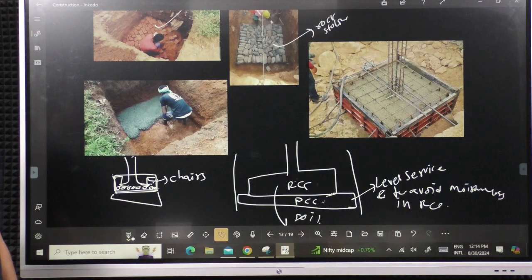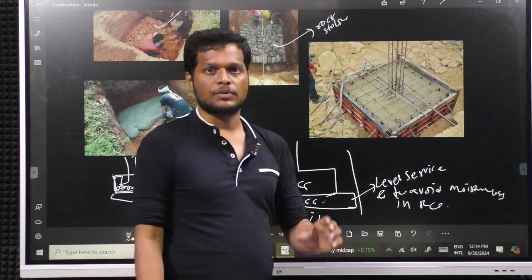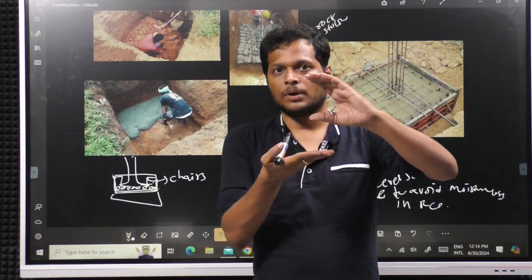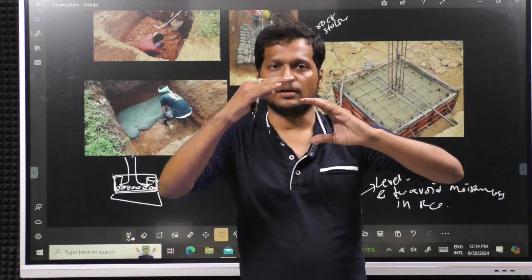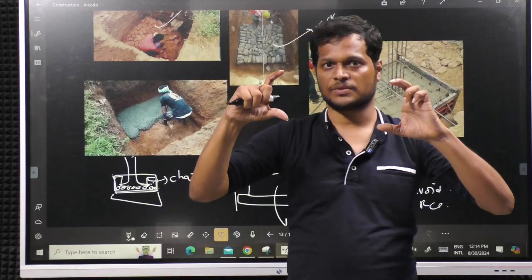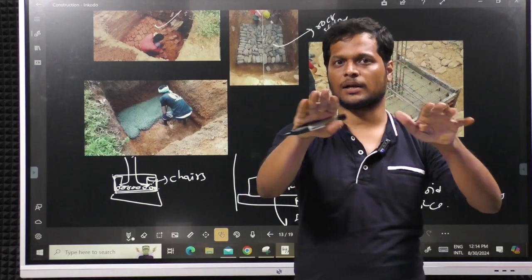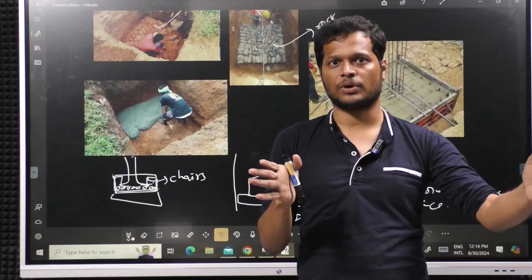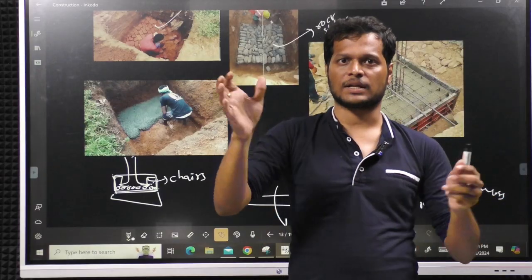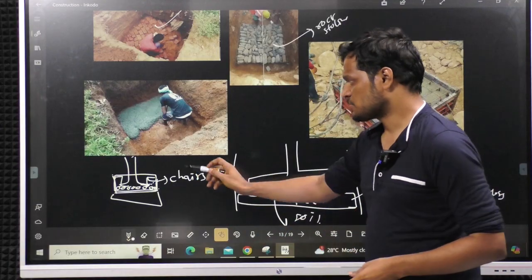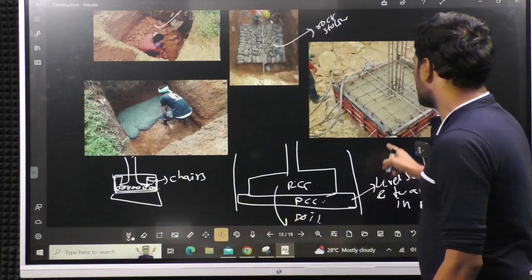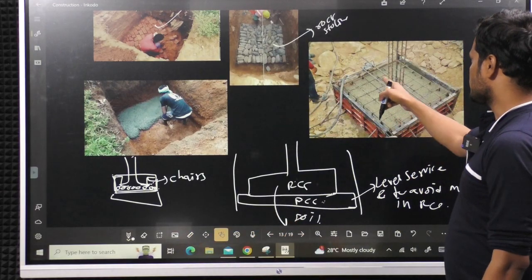These chair steels are placed to maintain the depth between the lower mat and the upper mesh. Some chairs will be placed, around 4 or 6 depending on the size of the foundation. So 2, 4, 6, like this minimum chairs will be placed to maintain the gap. Finally, you will be able to see something like this.